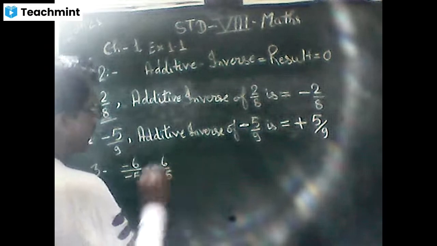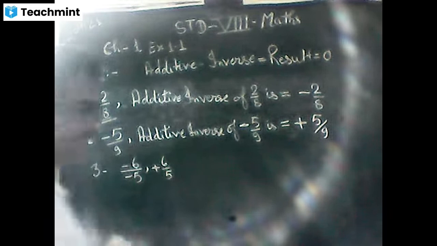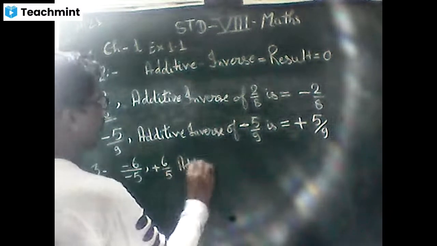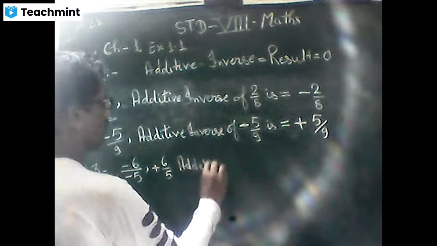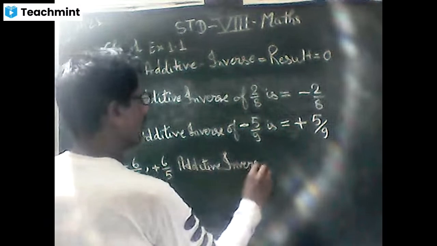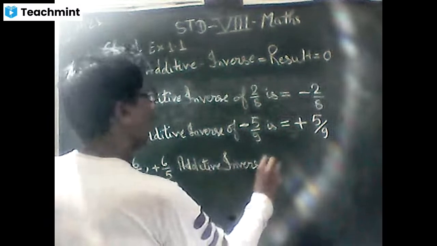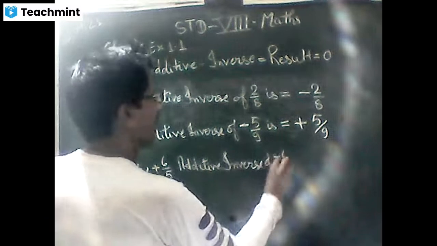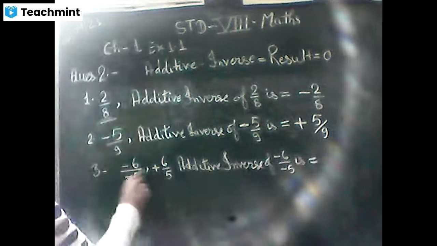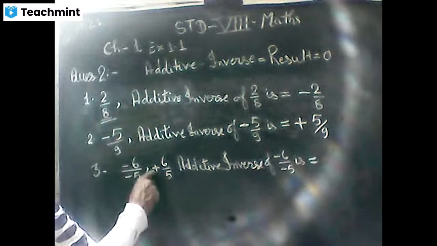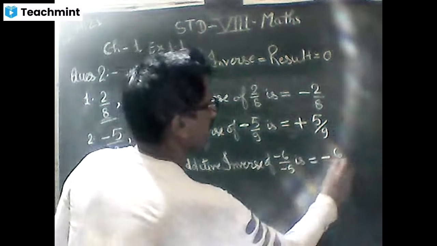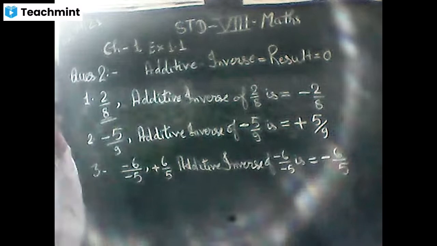We have to identify this. Then the additive inverse of this number is in negative value, so we write negative 6 by 5.